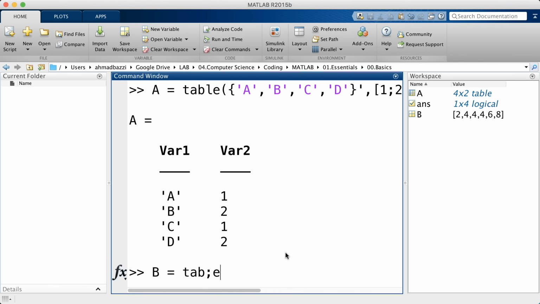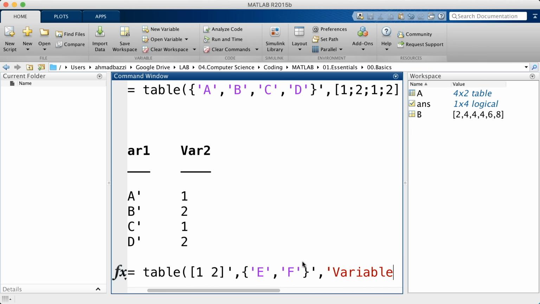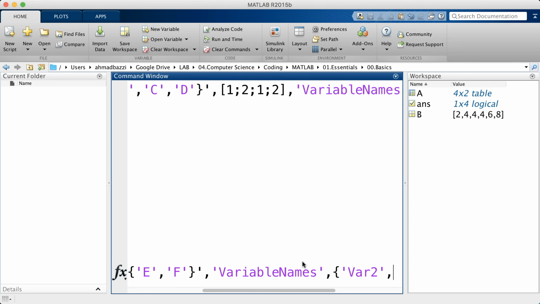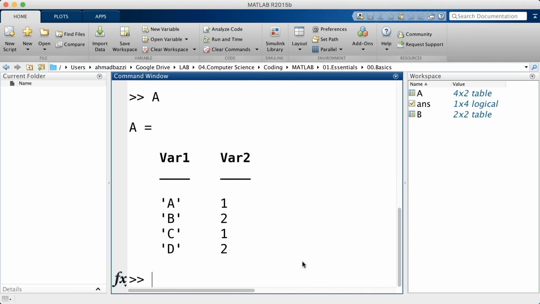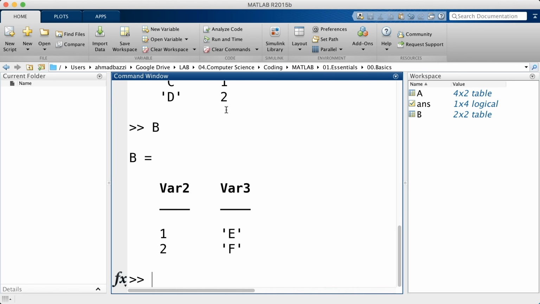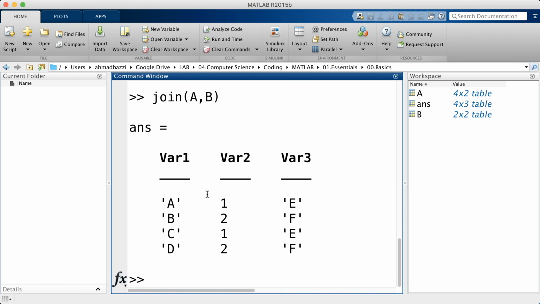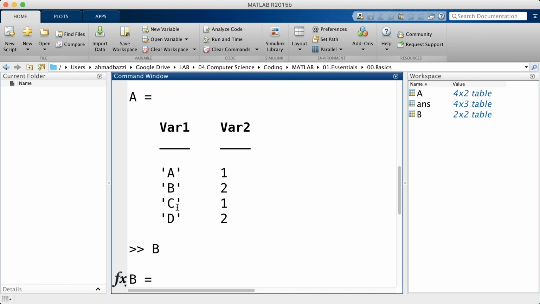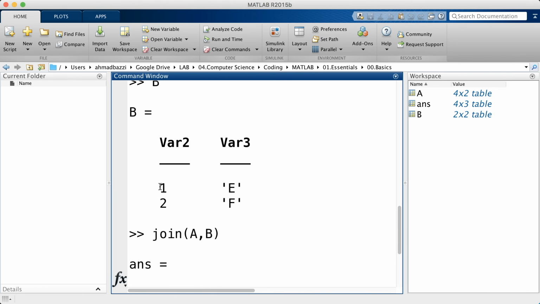I have another table, B, which contains the following information with variable names, this time Var2 and Var3. So A and B. Notice that both of them have something in common, which is Var2, right? So if I go ahead and say join A and B, see another table, which figures out that anything that corresponds to 1 in Var2 is an E in Var3, and 2 is an F in Var3.